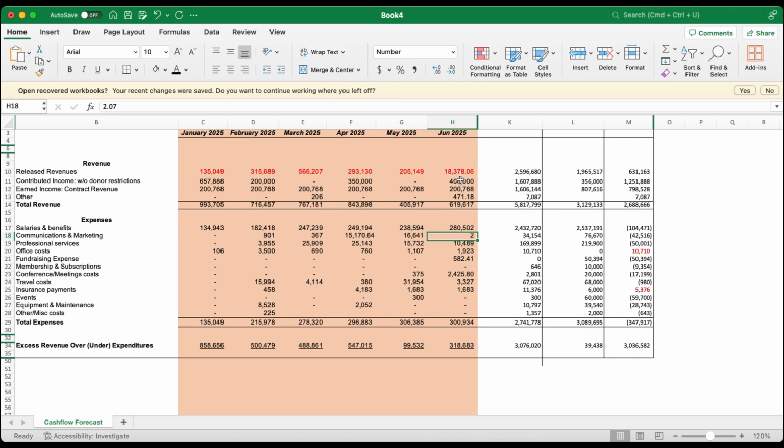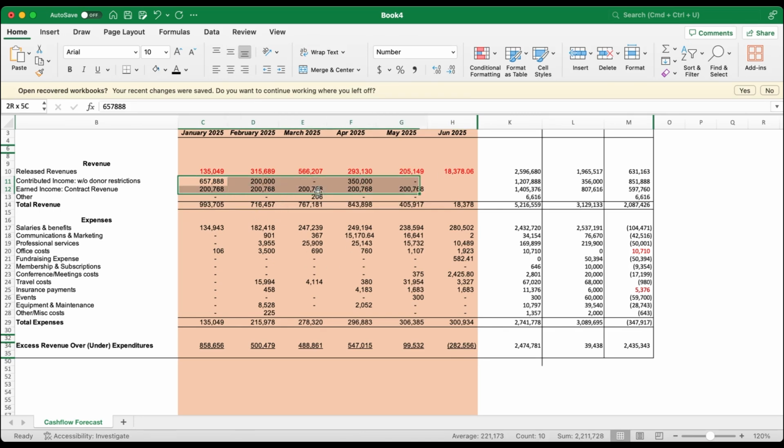It could be the case that, let's say something like this is happening where we know how much we're releasing in June, but we have no other income coming in, and we see, oh, huge deficit, right? This is where we call on the fact that, okay, well, we know in January we received these monies that didn't need to be spent just yet because all of January's expenses were covered by released revenues. We have some other released revenues that are covering expenses in other months.